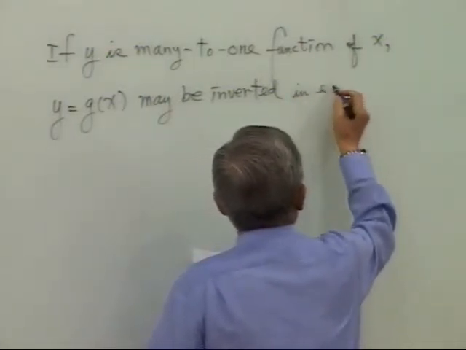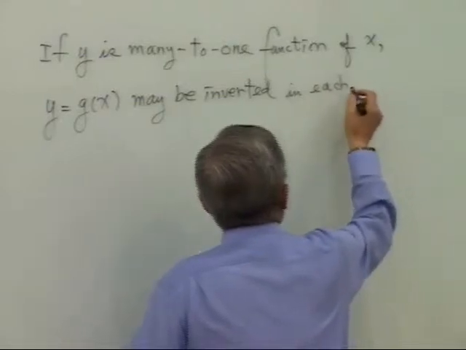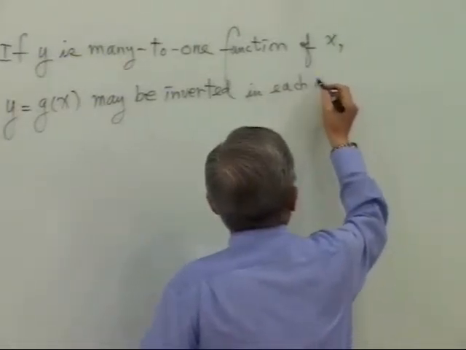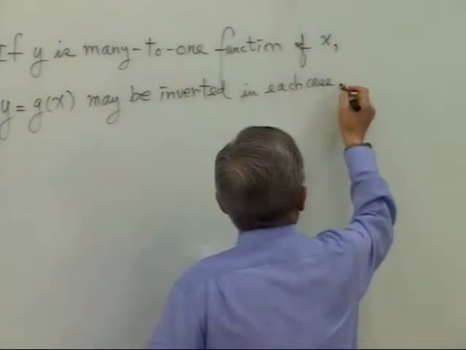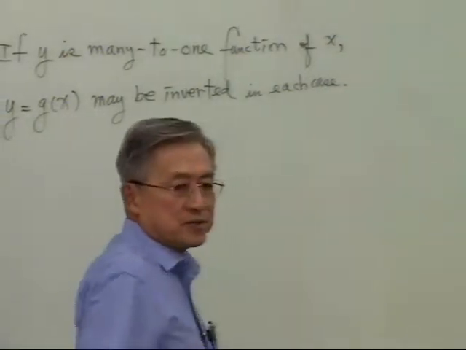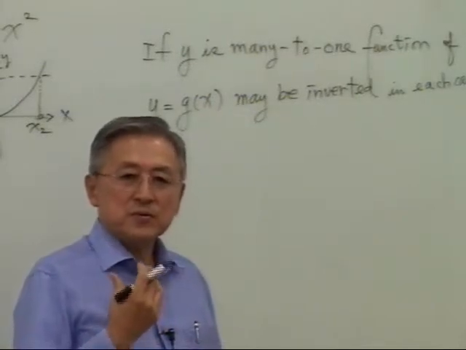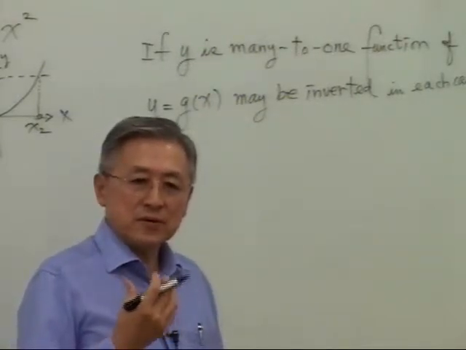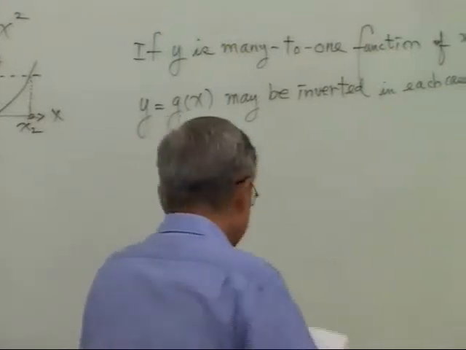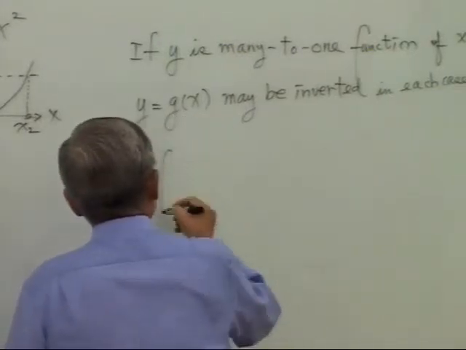In each case, if it has a two root, then you end up having two cases. Then you have to add them together like this.